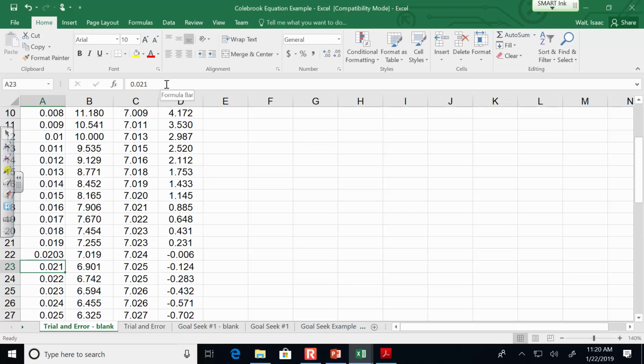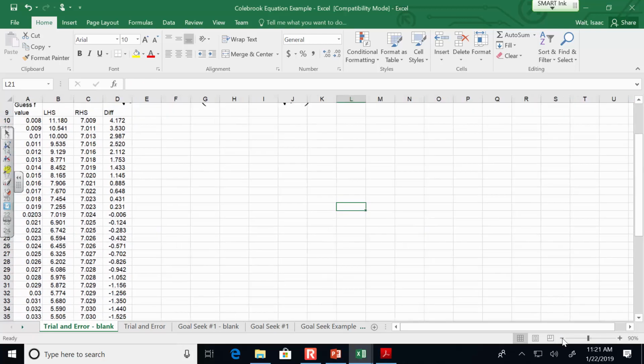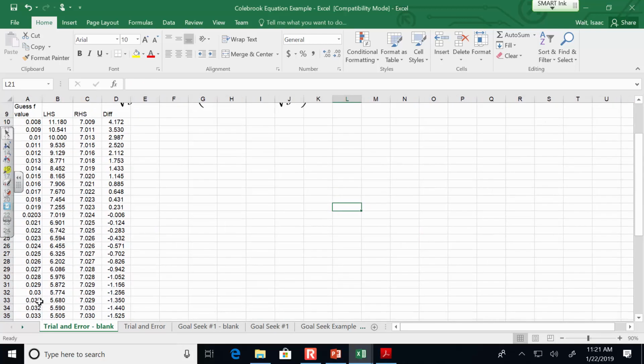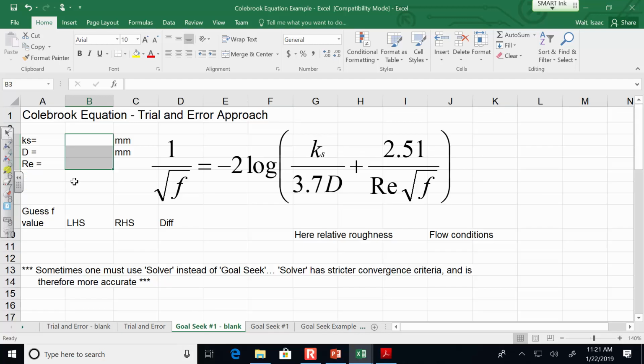Okay, so the f value, f equals 0.0203. That's the f value that makes the left-hand side and the right-hand side equal. That's how we do it by trial and error. Of course, rather than make this whole long row of every conceivable f value, we could have just used goal seek or solver to do a similar thing.